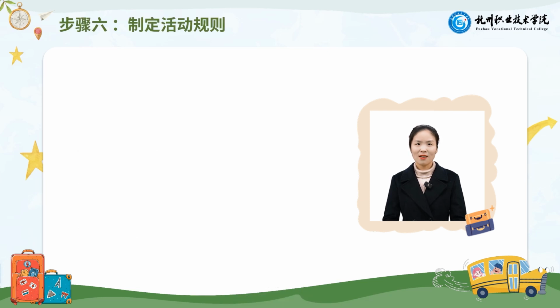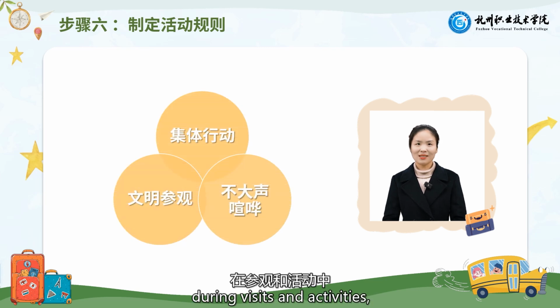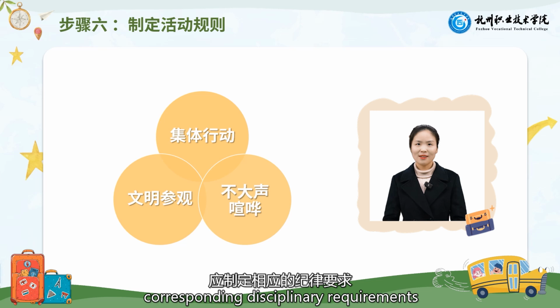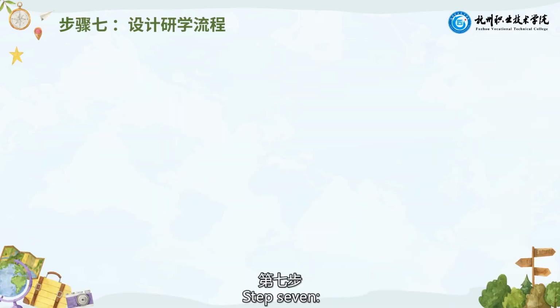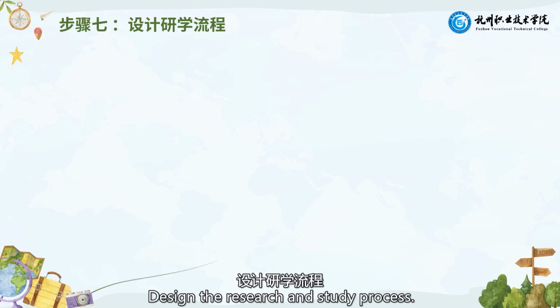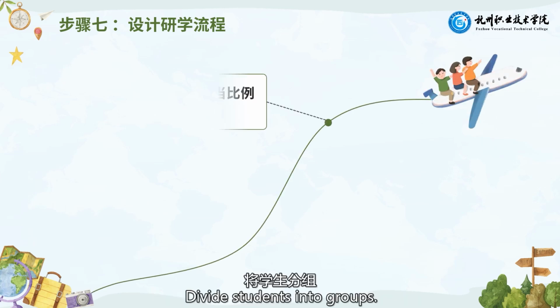Step 6. Make activity rules. During visits and activities, corresponding disciplinary requirements should be established, such as collective actions, no loud noises, conducting civilized visits, etc. Step 7. Design the research and study process. Divide students into groups.